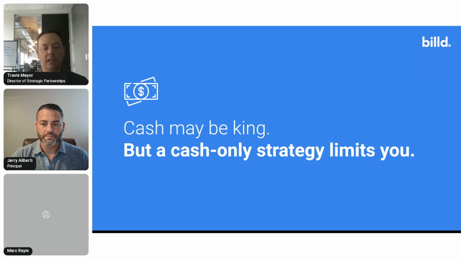But cash only really limits the options if you're trying to grow year over year and build a working capital buffer within the business as far as being able to handle challenges, curveballs, and mitigate risk.